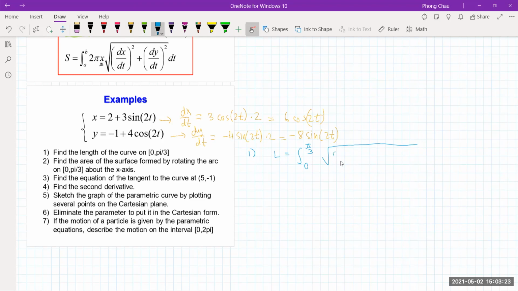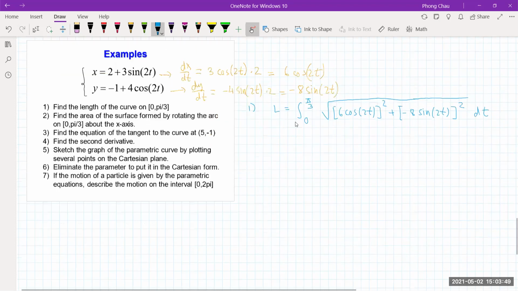So it's going to be (6 cosine of 2t) squared plus (negative 8 sine of 2t) squared dt. Right, so that's the setup. Again, we would probably use a calculator to finish that problem.